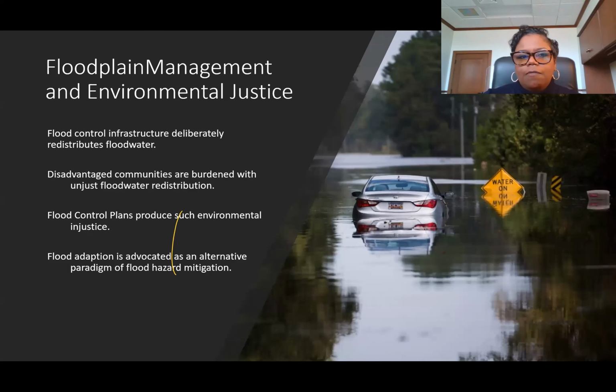Floodplain management and environmental justice. The picture in the slide is actually from 2020. Last year in our capital city and capital county here in Hinds County, Mississippi, there was a huge flood. It's like one of those 100-year floods type situations.